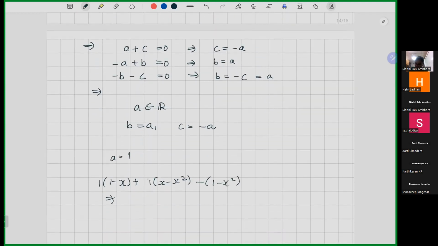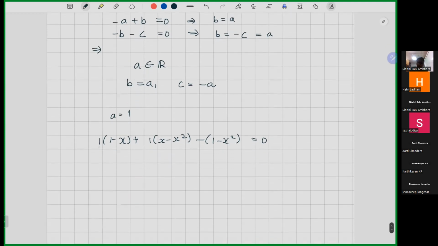And this, if you see, will give me 0. This 1 is getting cancelled with this, minus x is getting cancelled with this, and this x square is getting cancelled with this. But I have a linear combination equal to 0 and coefficients not all equal to 0.